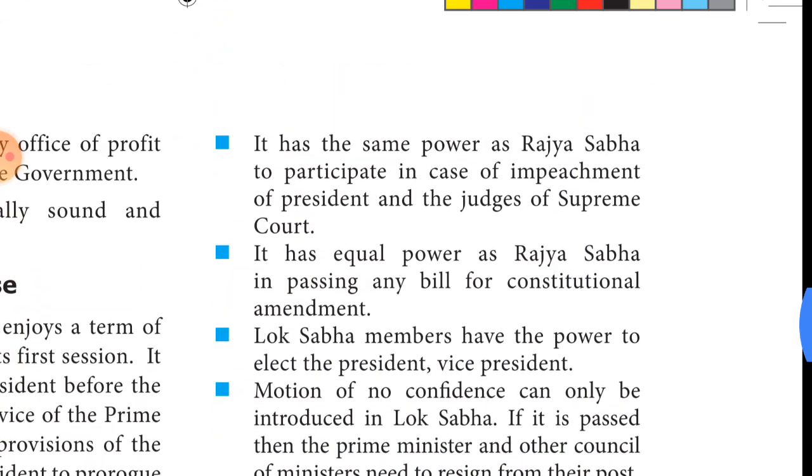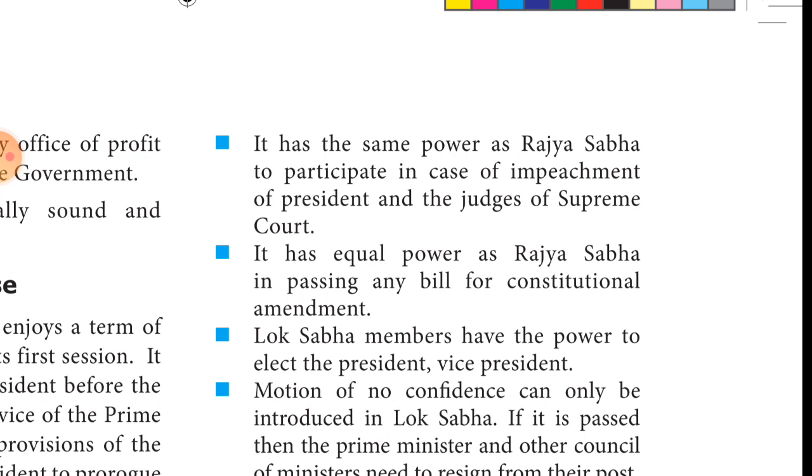Second one, it has the same power as the Rajya Sabha to participate in the case of impeachment of the president and judges of the Supreme Court. If you want to remove the Supreme Court judges or the president, we need the support of the Lok Sabha members and the Rajya Sabha members. In this way, the Lok Sabha members do their functions.